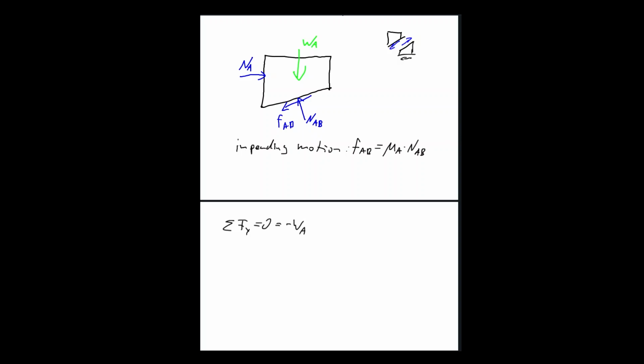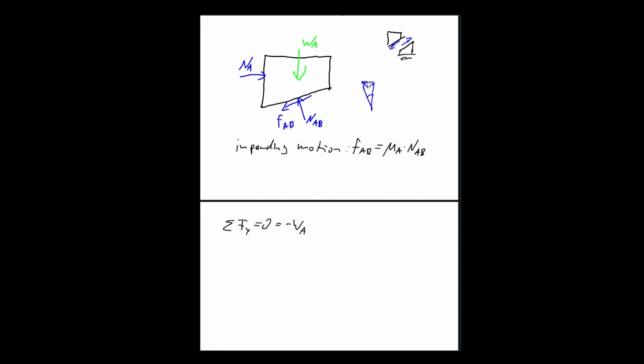We'll do a little side sketch so that we know where our angles are. This is my FAB, right? Then it's going to have a component here and a component there. And my angle would be in there.